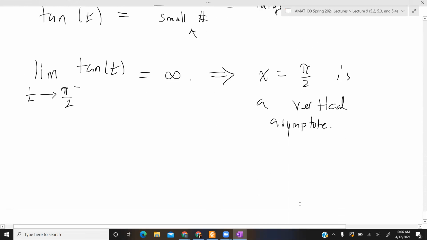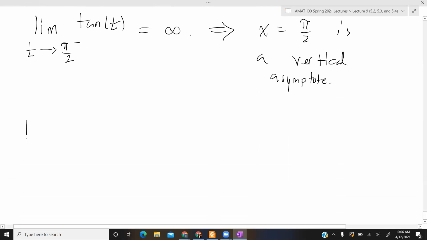And you can do this same discussion. A very similar analysis applies to the limit of tan of t as t approaches negative pi over 2 from the right.